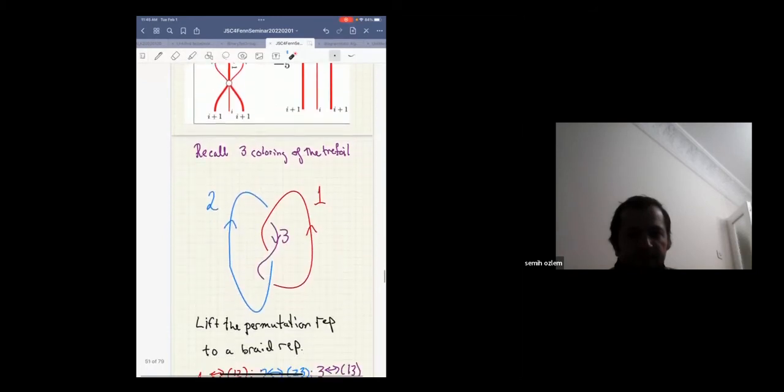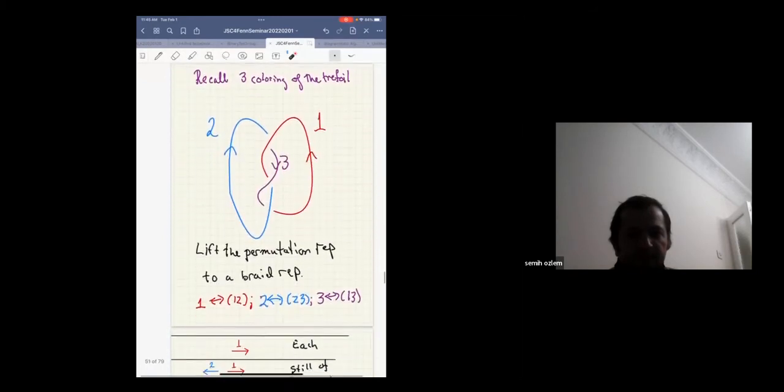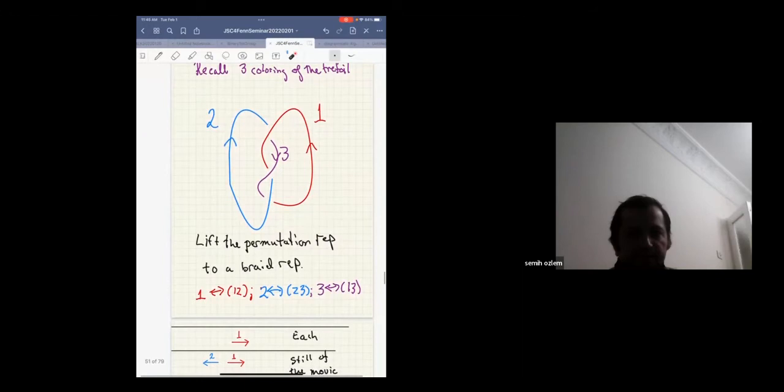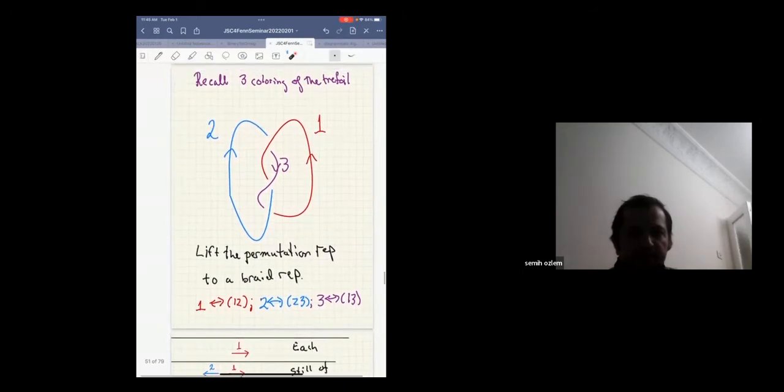And let's get back to something that I'm hoping that we all understand, which is that we have the 3 coloring of the trefoil. So the 3 coloring of the trefoil will have indices 1, 2, and 3 upon the trefoil, so that if we have 2 colors coming into a crossing, then the other under arc has the 3rd color.